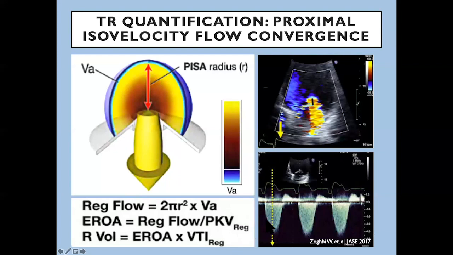The peak regurgitant velocity is used because the PISA method obtains the flow at the peak or mid-systole, and that is approximately where this peak velocity is located as well. Regurgitant volume then is the effective regurgitant orifice area multiplied by the VTI of the regurgitant jet.